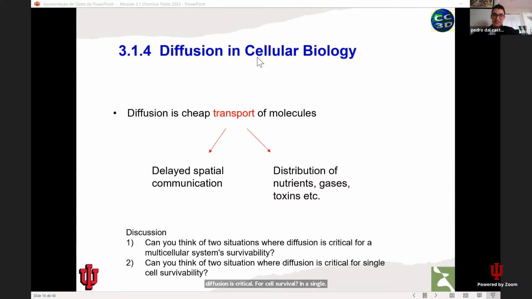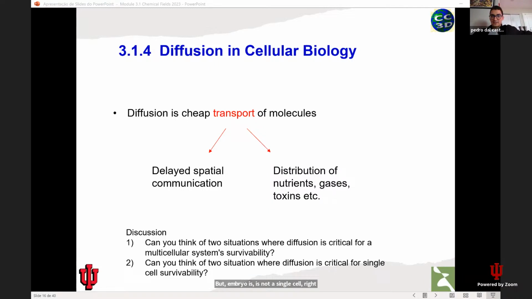Because in a multicellular context it is very easy to think, because of oxygen, nutrients, etc. But for a single cell, but an embryo is not a single cell, right?